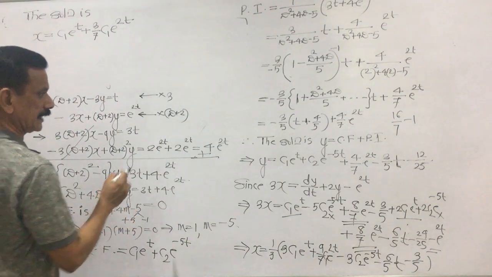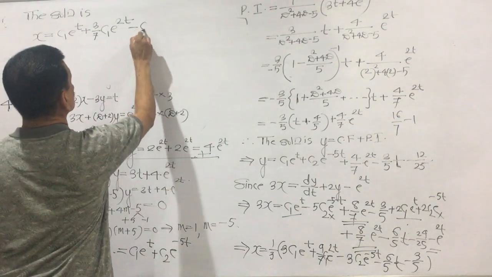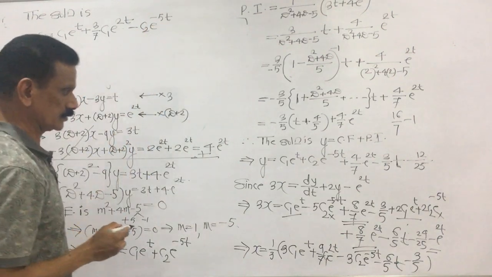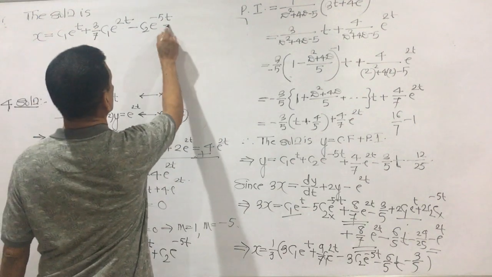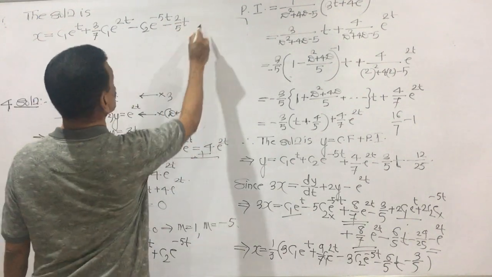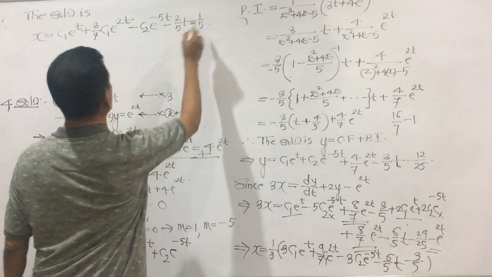After that the 3 gets cancelled, so minus c2 e raised to minus 5t, minus 2 by 5 t, and lastly we get minus 1 by 5.